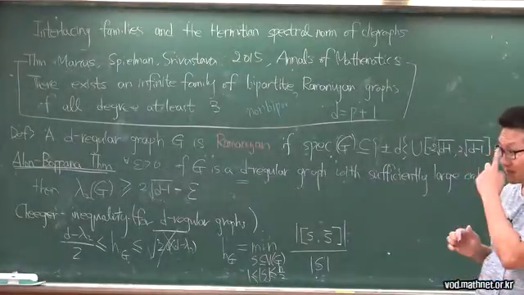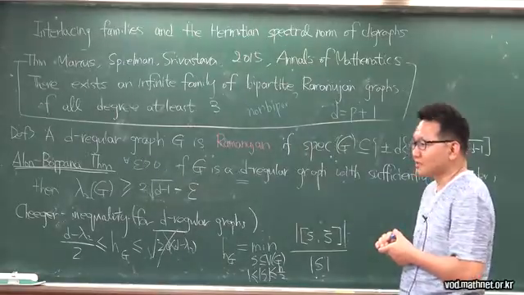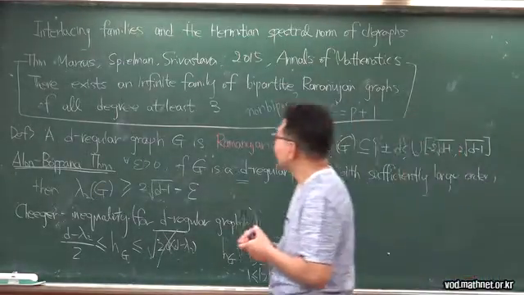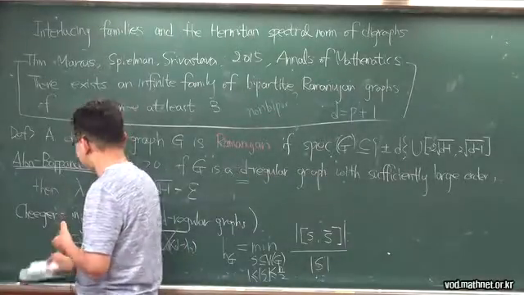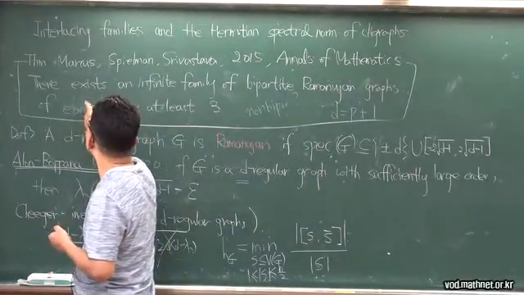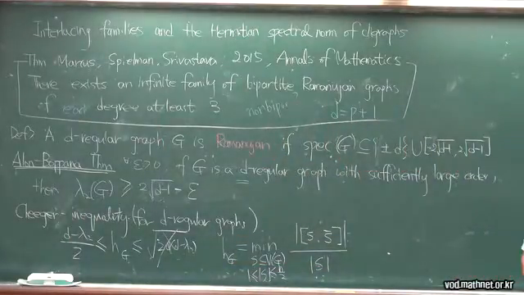What do you mean by all degrees? Do you mean for each degree? Yes, for each degree. And how about when d is equal to 2?